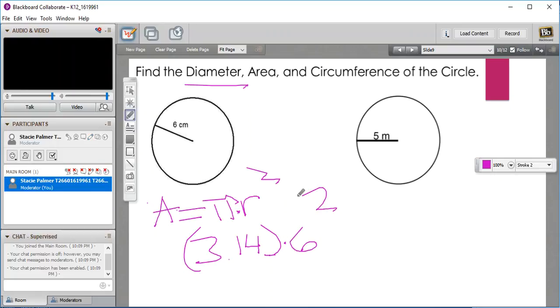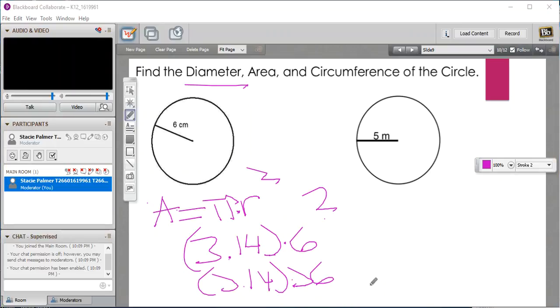When you are simplifying, you have to make sure to follow the order of operations. So you have to take care of this exponent first before you do the multiplication of 3.14. So we would have 6 to the second power, which is 36. And then we would do 36 times 3.14. And that's going to give us our area.